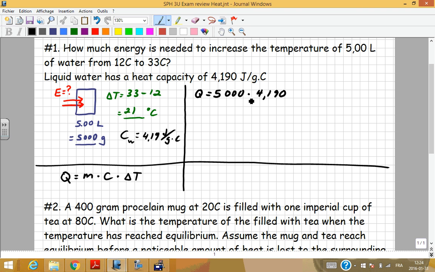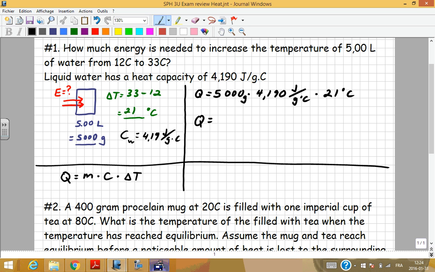For also the mass, we have four significant numbers. And finally, our delta T is 21 degrees C. And now we only have two significant numbers, which means we will have to round everything down to just two.